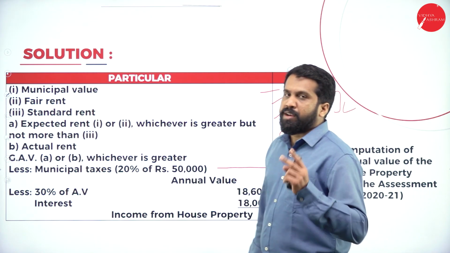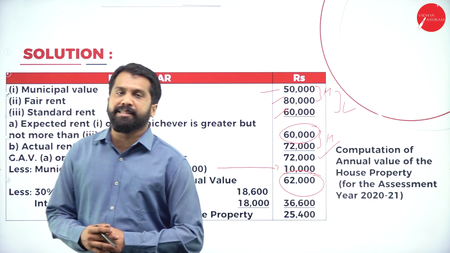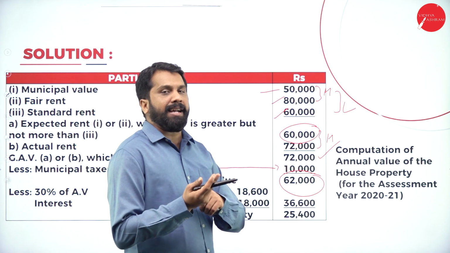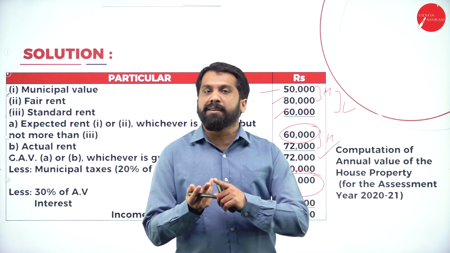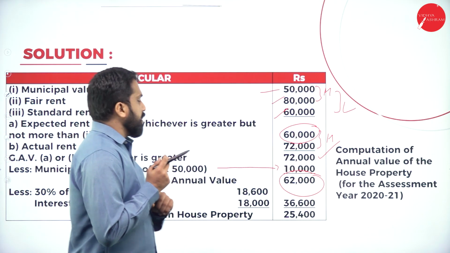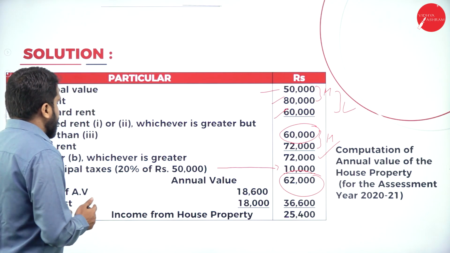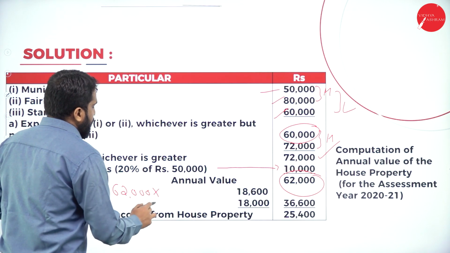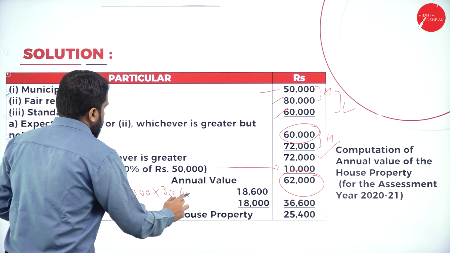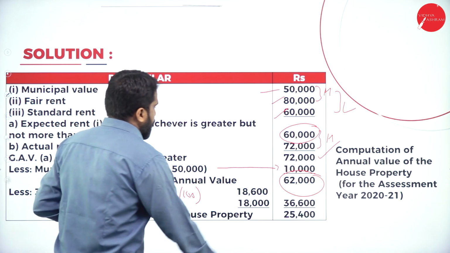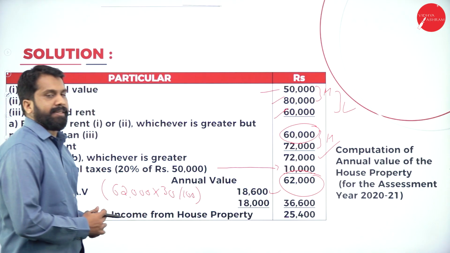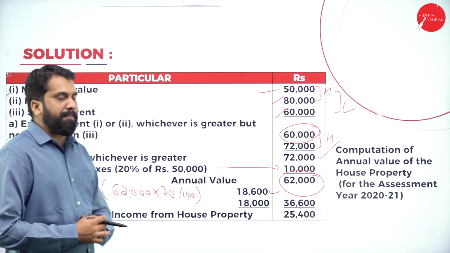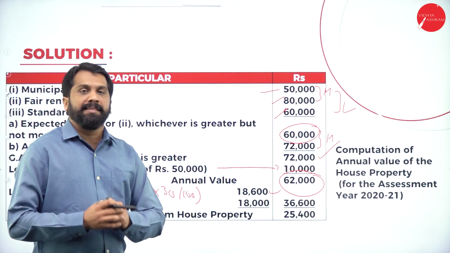From 62,000, two things you are supposed to minus, which are 30% of your net annual value plus whatever interest paid. Now, what is your net annual value? 62,000 multiplied with 30%. So you will get around 18,600.